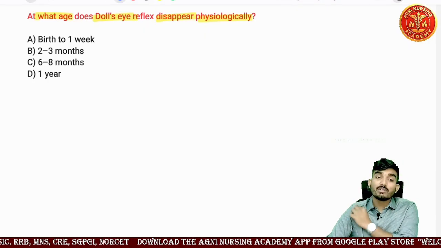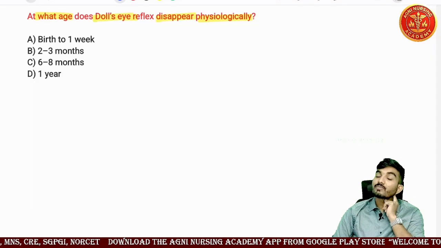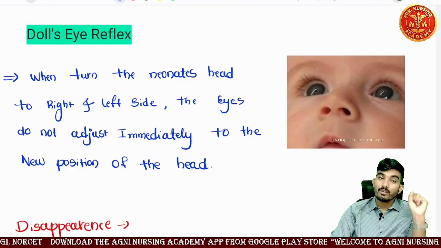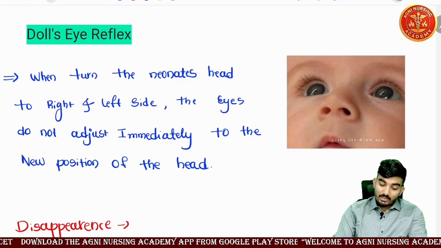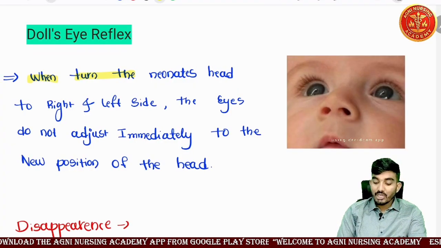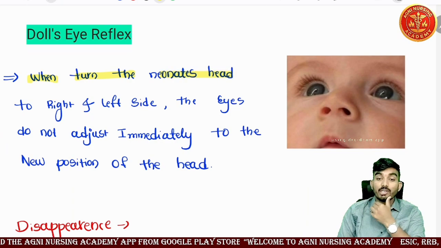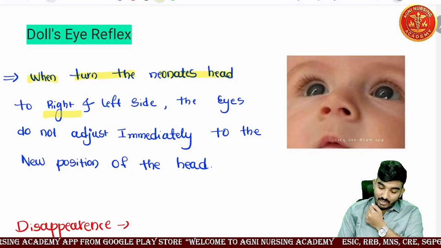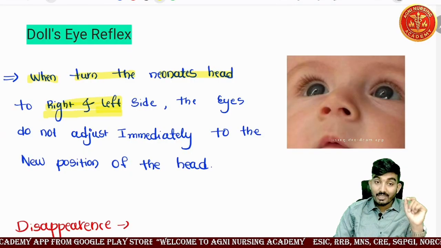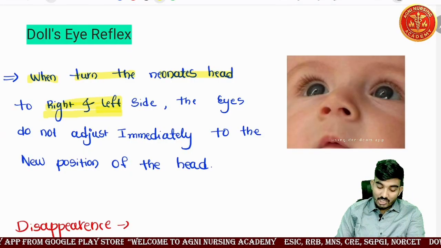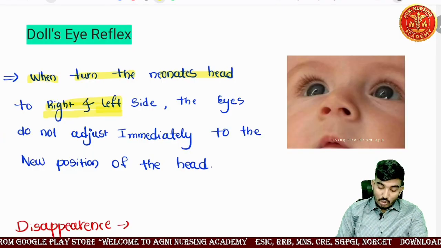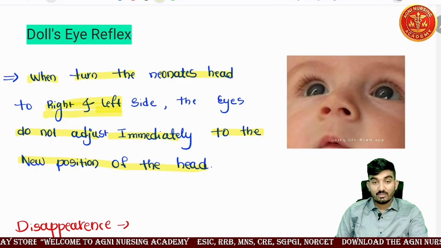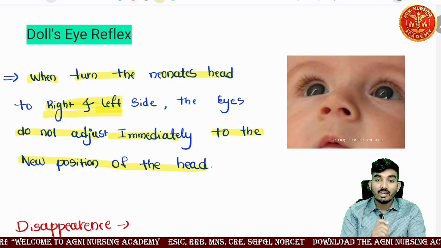First we will see what is meant by the doll's reflex. When we turn the neonate's head towards one side, from right to left, the eyes of the newborn do not adjust immediately to the new position.